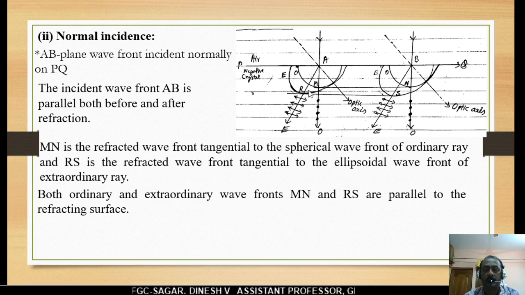MN and RS, MN for the ordinary ray, RS for the extraordinary waves, are parallel to the refracting surface PQ.